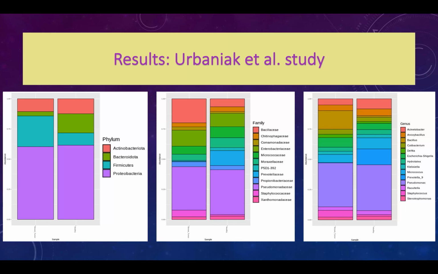These results are similar to the original study, but Pseudomonas is not shown. In the original study at the genus level, there was Acinetobacter, Anoxybacillus, Bacillus, Micrococcus, and Prevotella present, but Pseudomonas was not present.